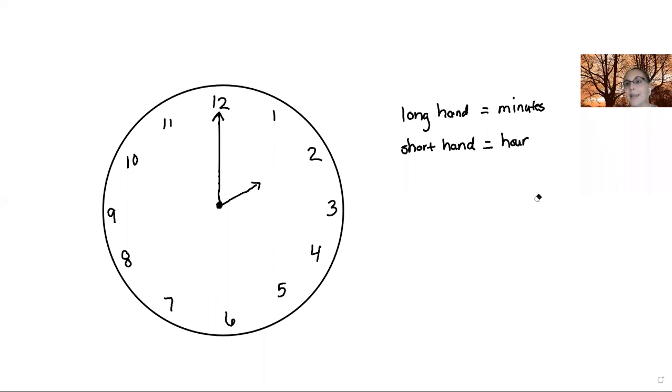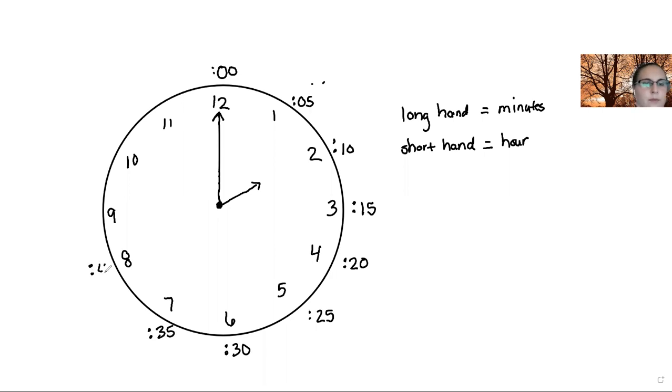When we talk about the minutes, everything counts by fives. So our 12 becomes the 00 minutes. Our 1 is 05, and we have 10, then we have 15, and 20, 25, 30, 35, 40, 45, 50, and 55.